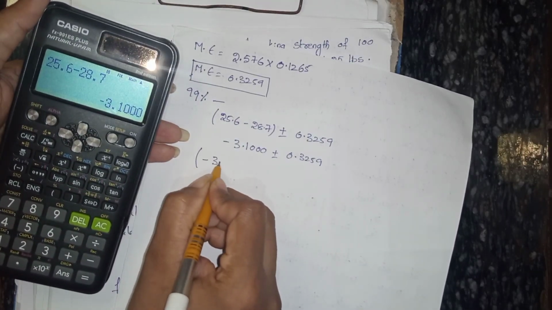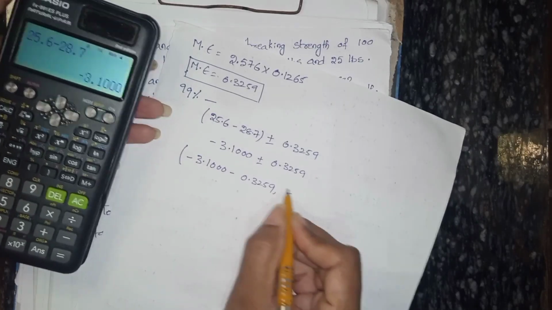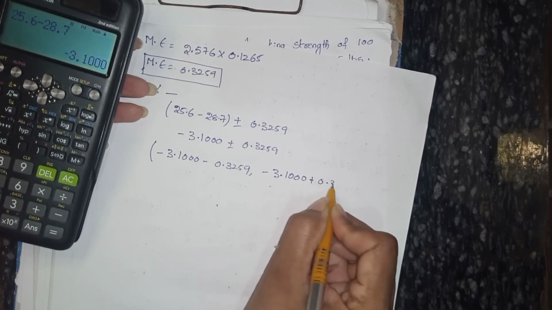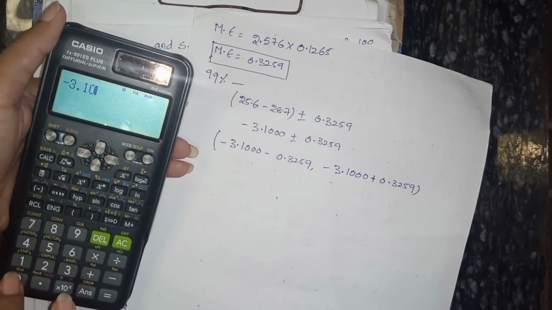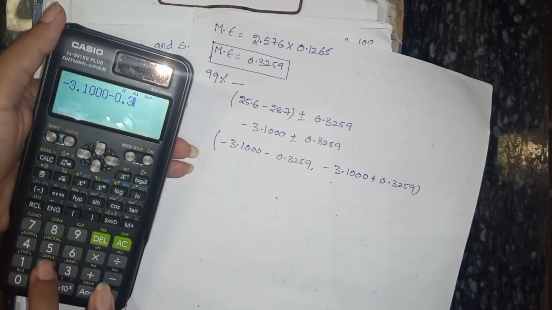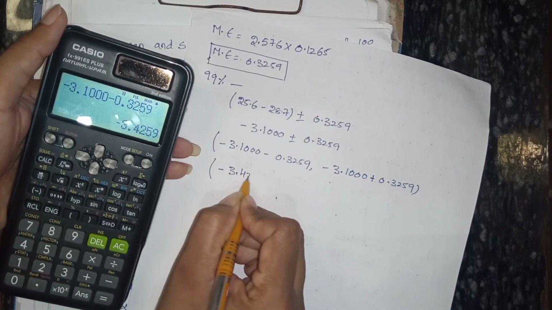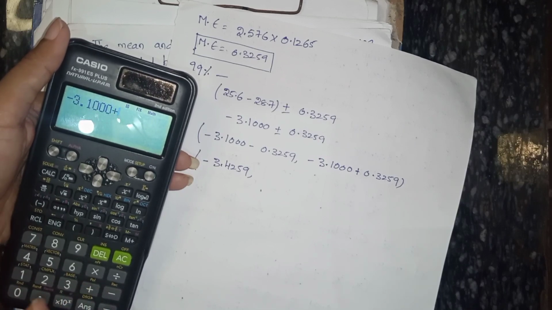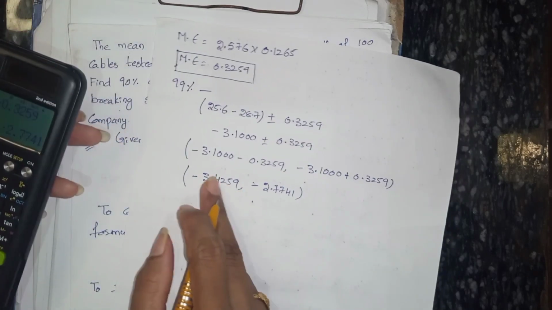First one is minus 3.1000 minus 0.3259, which equals minus 3.4259. The other is minus 3.1000 plus 0.3259, which equals minus 2.7741. So these are the confidence limits at 99%.